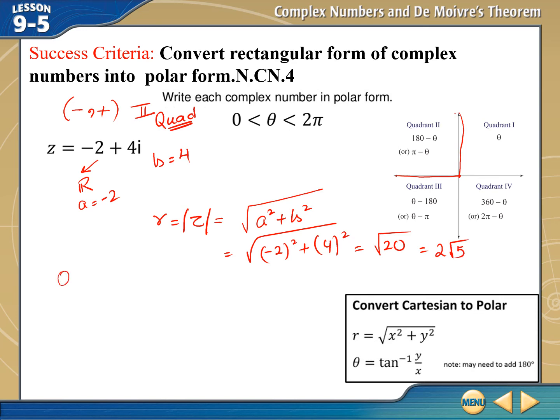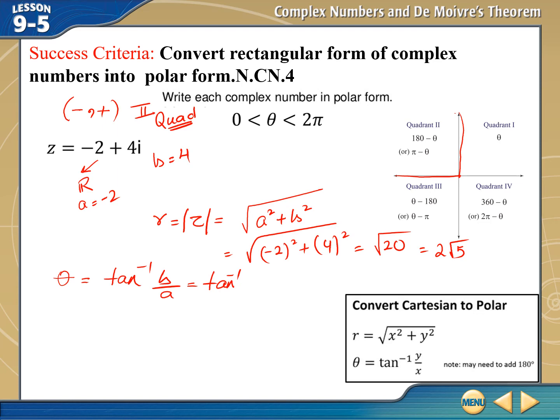After that, you have to find the theta. In order to find the theta, we write tangent inverse b over a. Now remember, if you want to avoid errors, don't write the b and a in negative form. Always take them as positive, because it will direct you to the first quadrant in the anti-clockwise direction, and you can move from the first quadrant to the required quadrant.